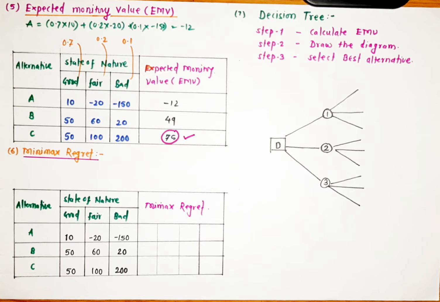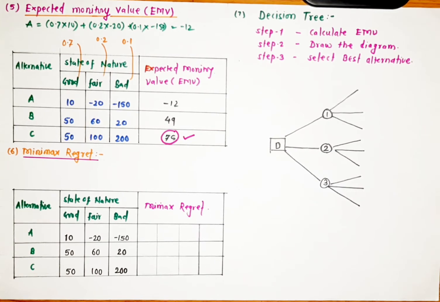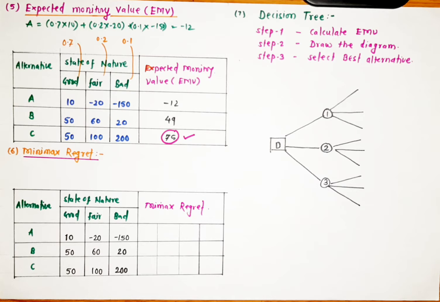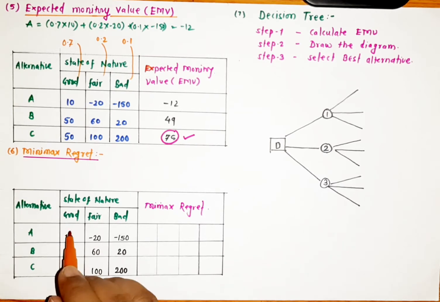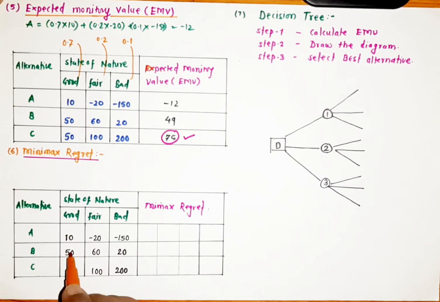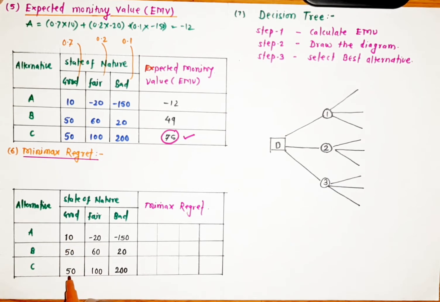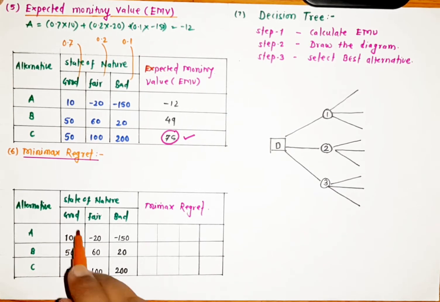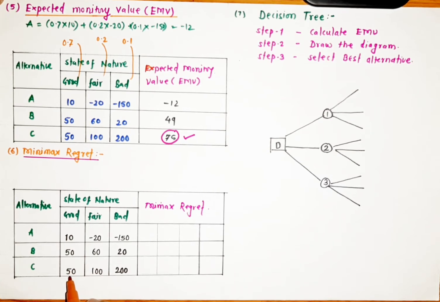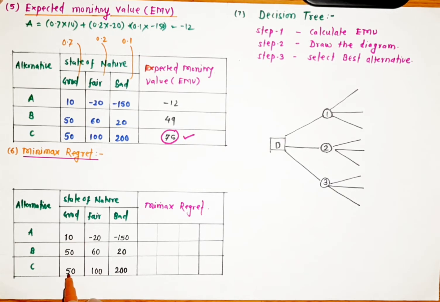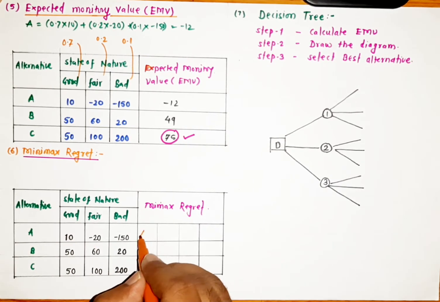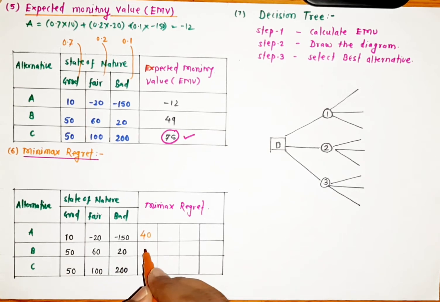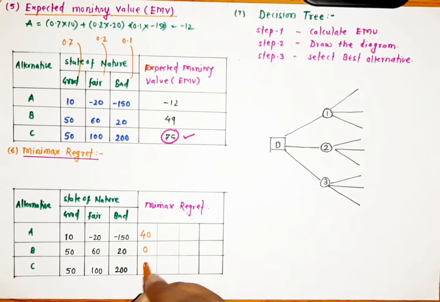The next is minimax regret. Here in the minimax regret we have to choose the maximum value from each column, and subtract each value of the column from that maximum value. For the first column the maximum value is 50, so 50 minus 10 is 40, 50 minus 50 is 0, and 50 minus 50 is again 0.